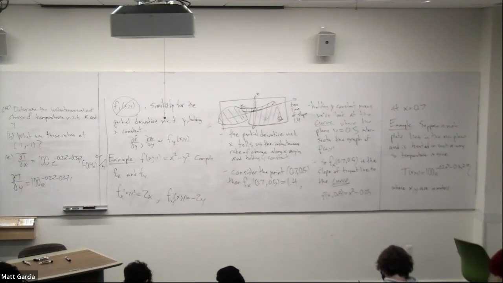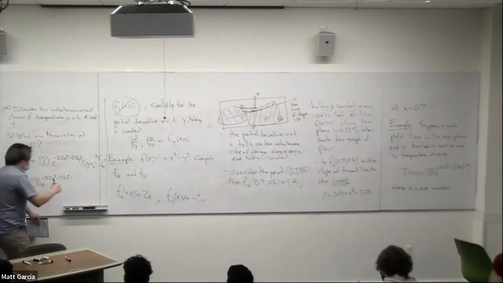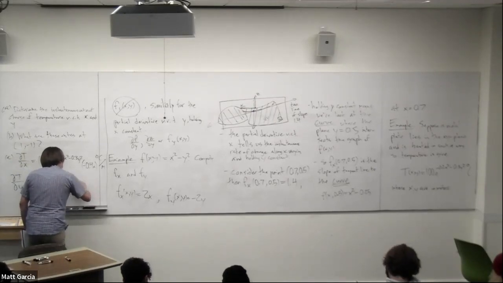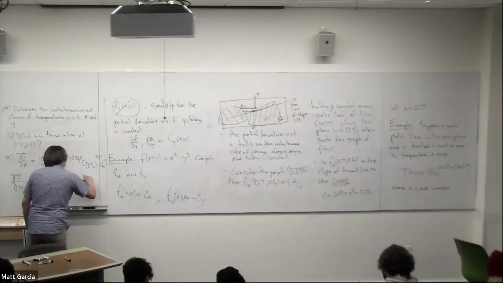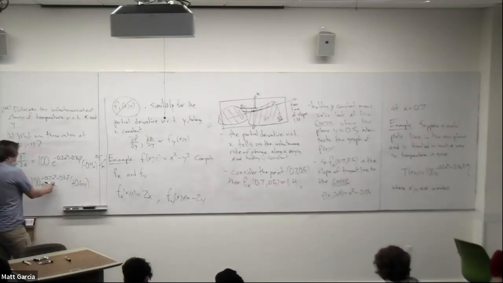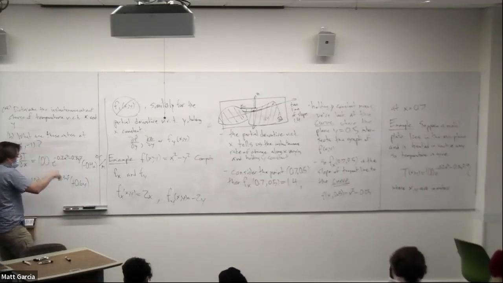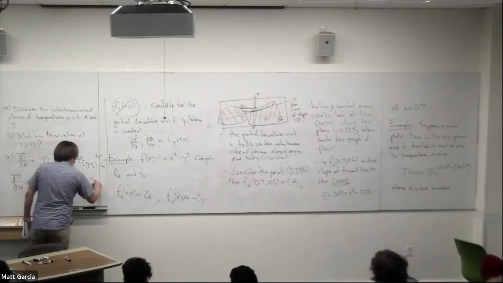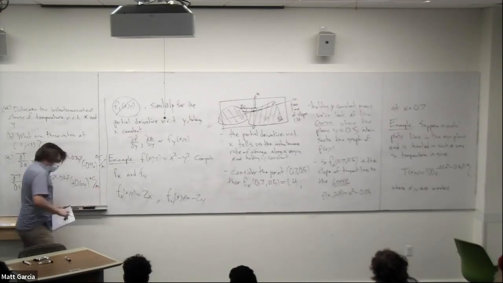What is that? Yeah, good. Negative 0.6 y. Right? The x is a constant, it goes to 0. Differentiate the y part. And again, you get degrees Celsius per meter.